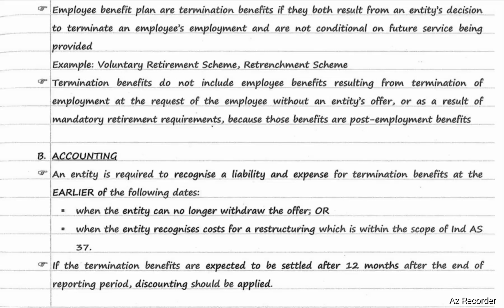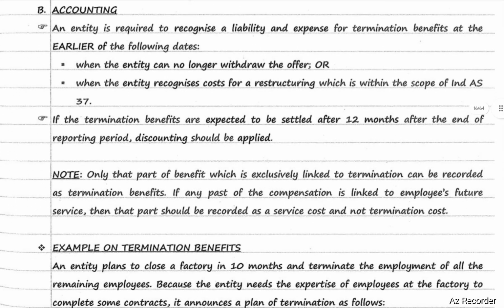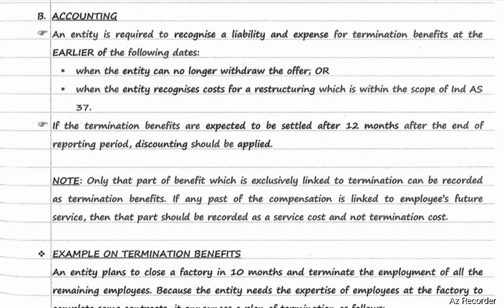Accounting. An entity is required to recognize a liability and an expense for termination benefits at the earlier of the following dates: when the entity can no longer withdraw the offer, or when the entity recognizes cost for a restructuring which is within the scope of Ind AS 37.